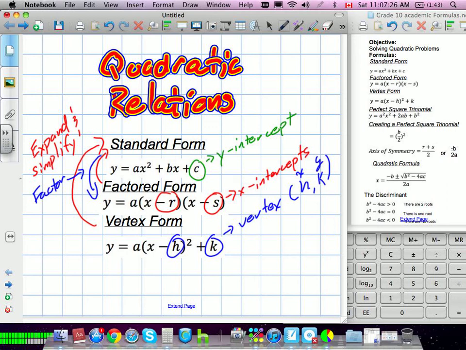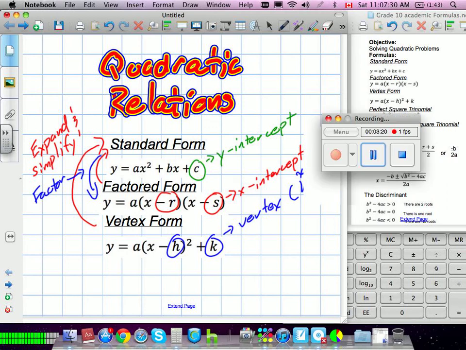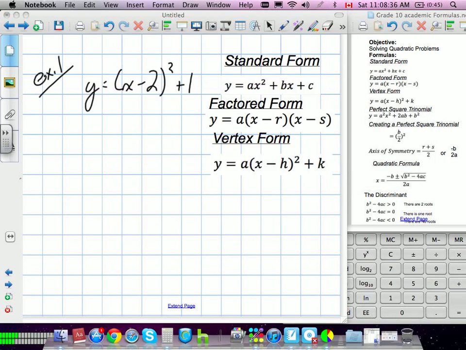Okay, so example number one, they've given us this equation here, y is equal to (x minus 2) squared plus 1. First thing I need to recognize, is this in standard, factored, or vertex form? Factored will have two sets of brackets. How many sets of brackets does this have? One. Vertex, that's right.